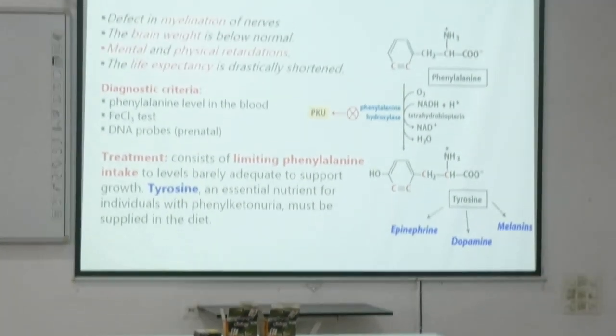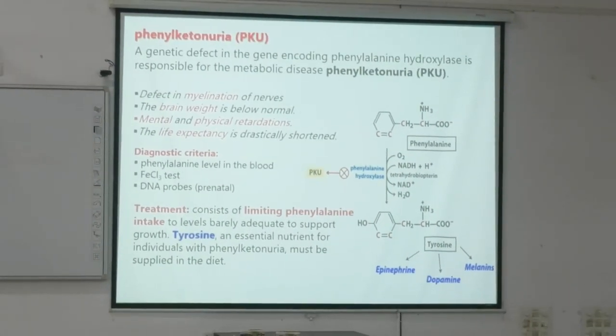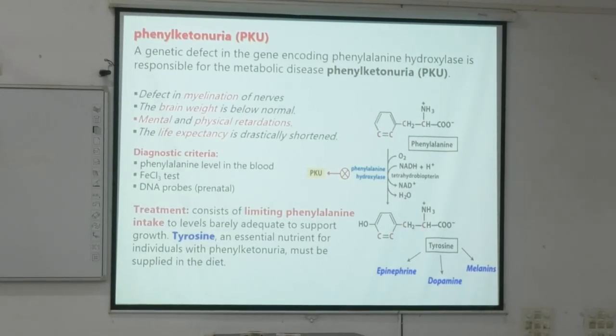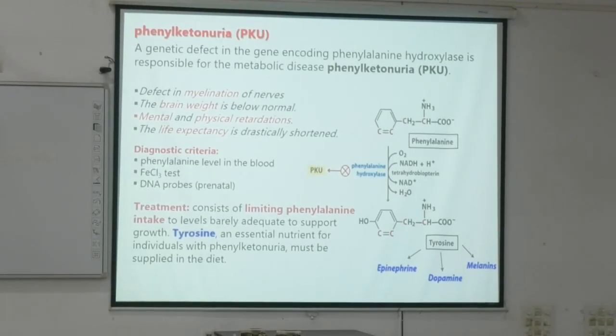So how do you revert it? You restrict phenylalanine in food and you supplement tyrosine, so that the tyrosine pathway can run unhampered.